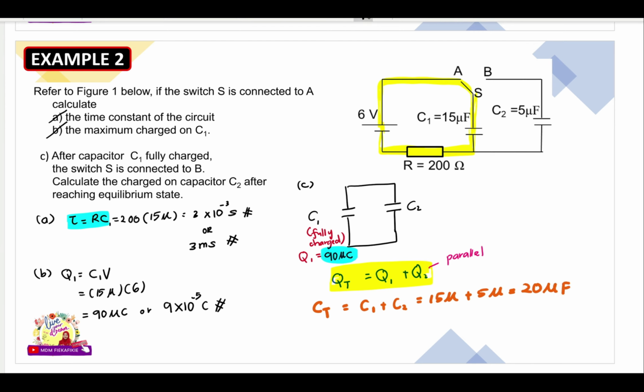Okay, therefore we can find V total, which is equal to Q total over C total. So Q total tadi 90 micro, C total is 20 micro.